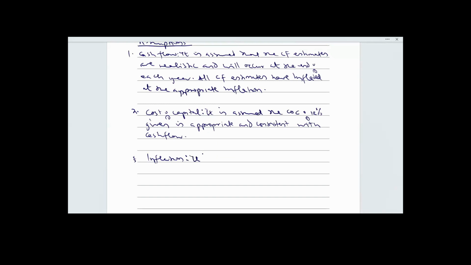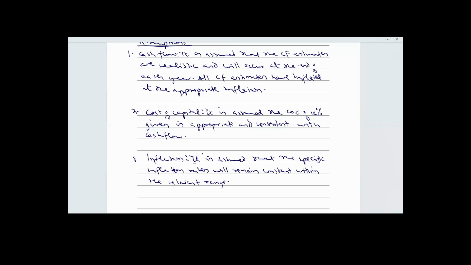You can say that it is assumed that the specific inflation rates will remain constant within the relevant range.